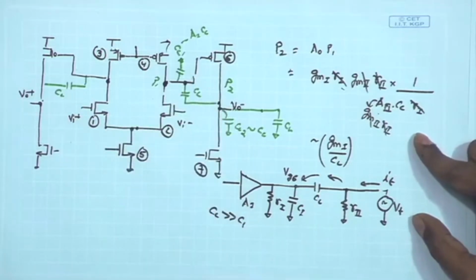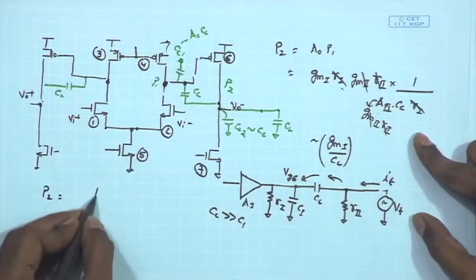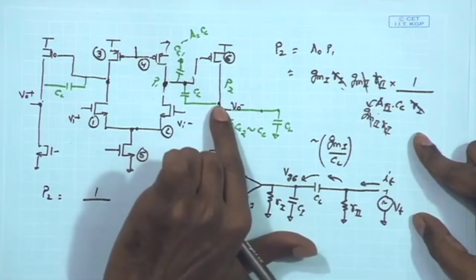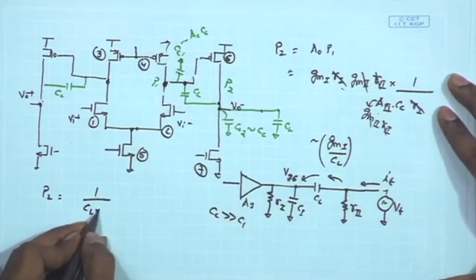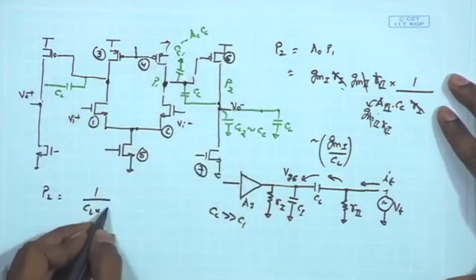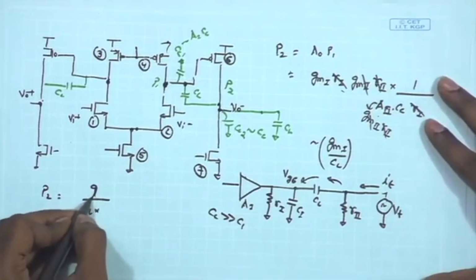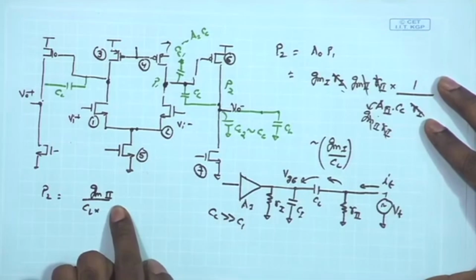So, the P2 expression, if I have to write it down, will be given by 1 upon the effective small signal capacitance here, assuming that it is dominated by CL, times the overall impedance given by 1 upon GM6. So, it basically becomes GM6, or GM2, the transconductance of the second stage as we have defined.